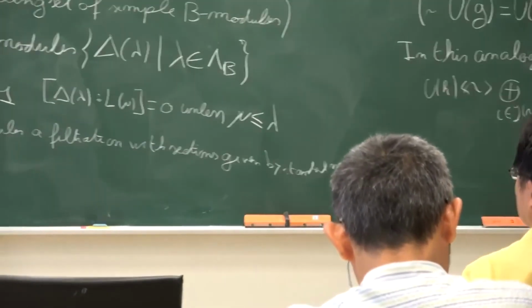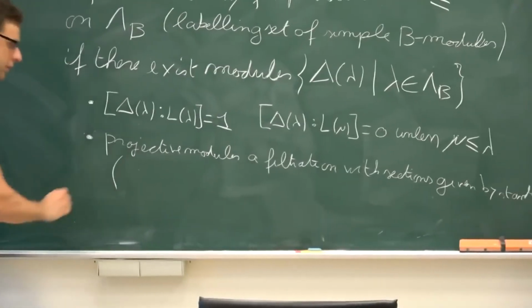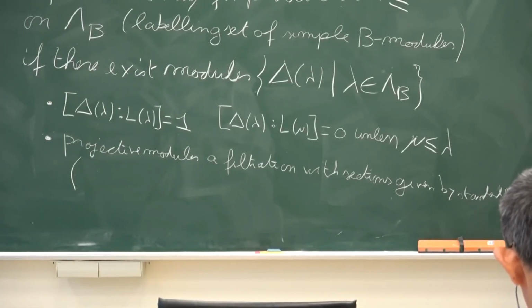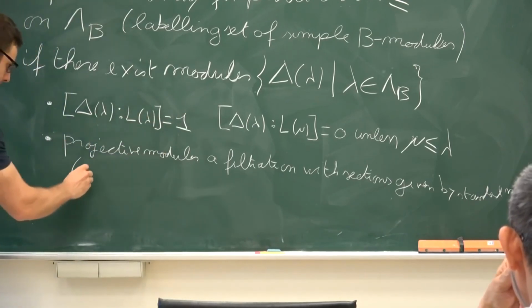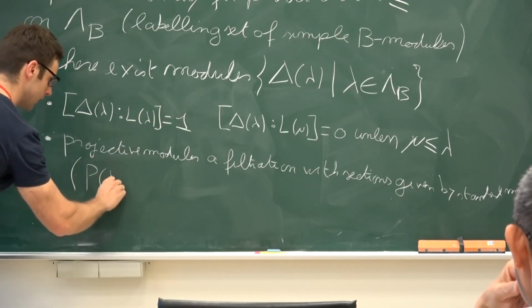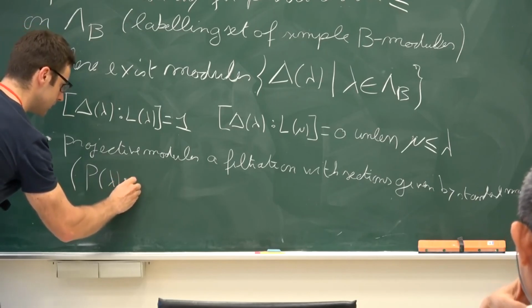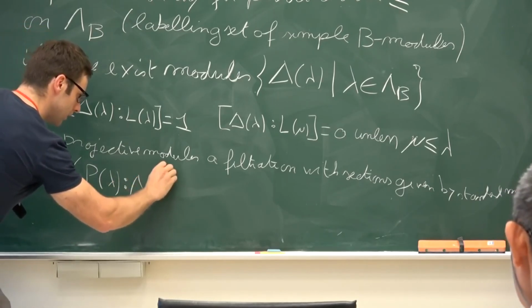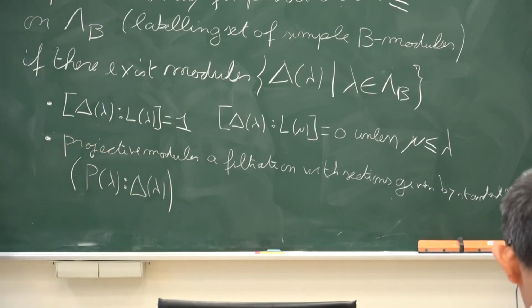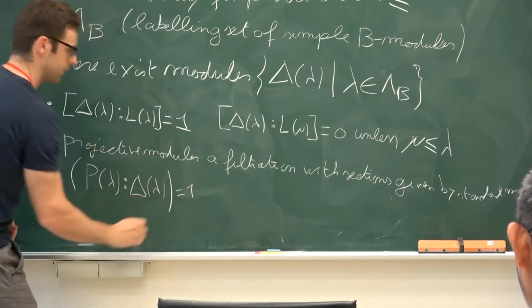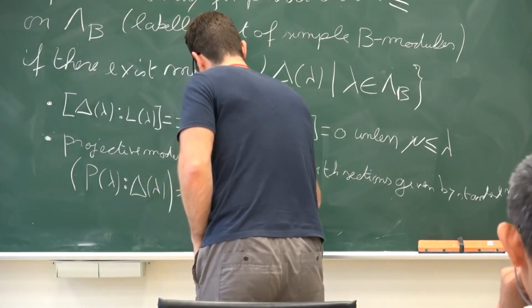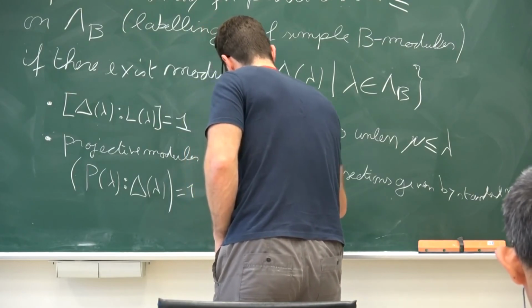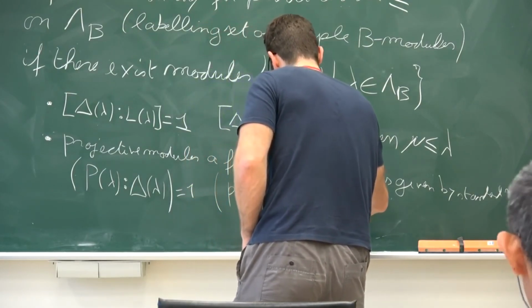And moreover, the number of times such a standard module appears in this filtration should satisfy similar conditions. So the corresponding standard should appear once, and otherwise everything which appears should be higher now.